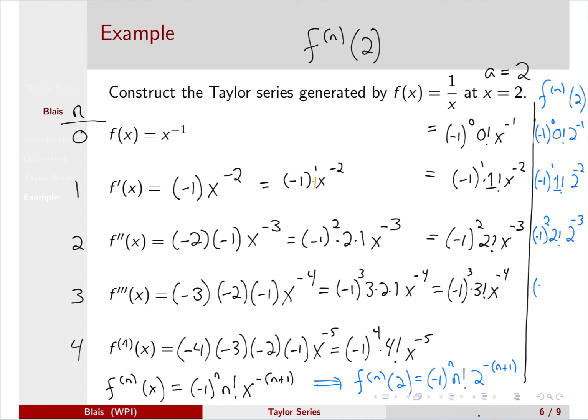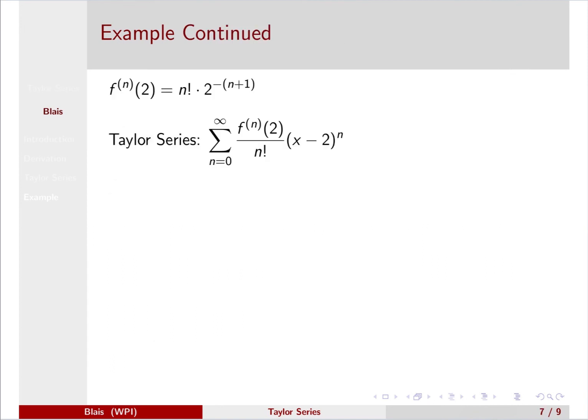So we're identifying the pattern. And this is exactly what we need. We summarize that here. So we see we've identified this nth derivative of f evaluated at 2 to be this n factorial 2 to the negative quantity n plus 1.